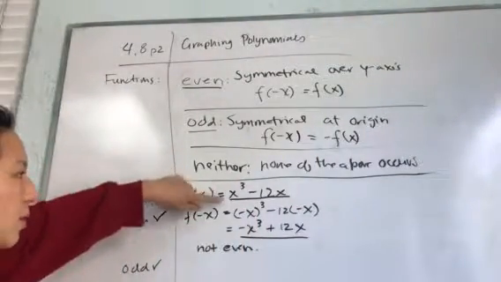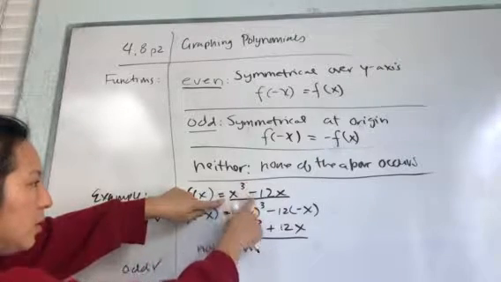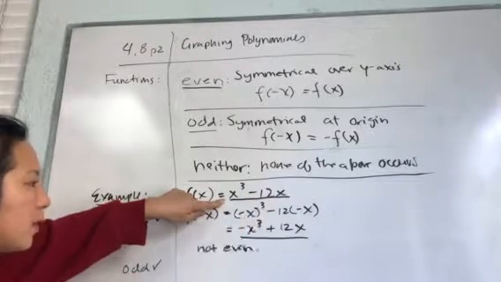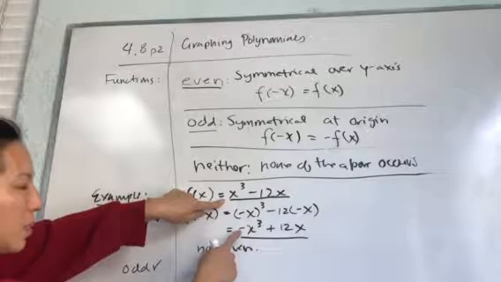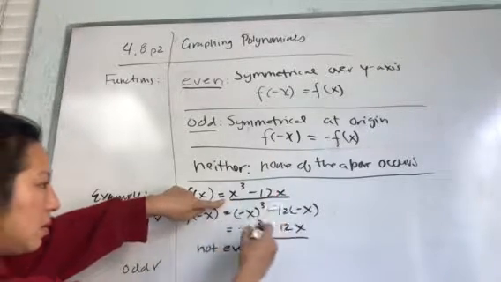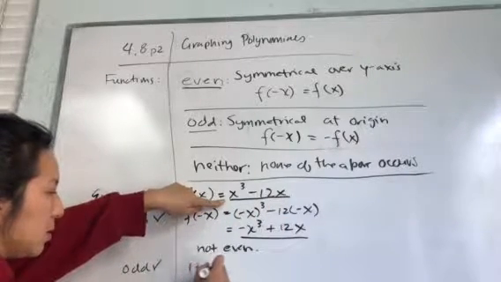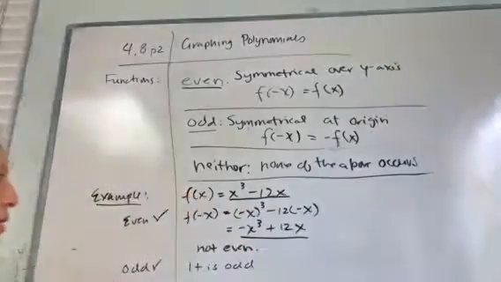So the negative version of the original would be negative x to the third plus 12x. Well, look what happens. Negative x to the third plus 12x, I've already done that. So this is the negative version of that. So it is odd. Does that make sense?